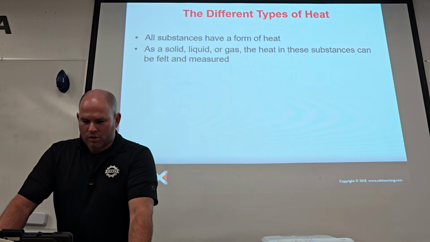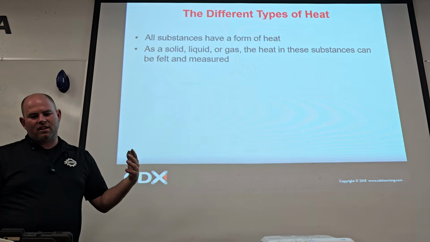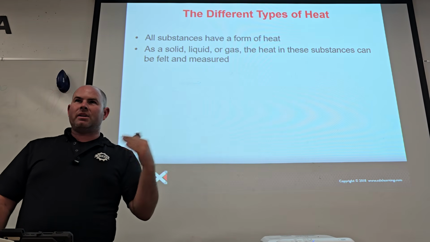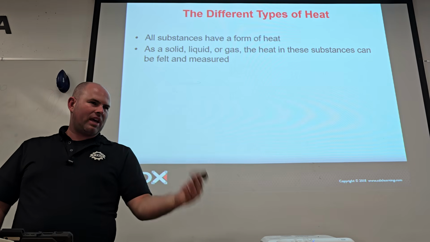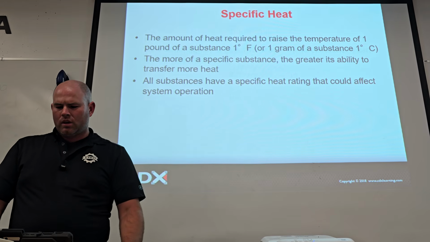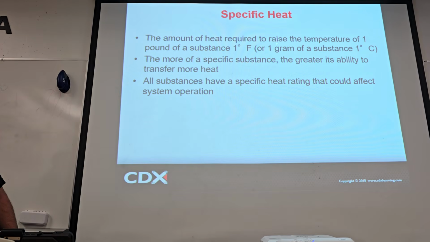Okay? So again, all the substances, they have an amount of heat. Depending on how much heat they have will determine their state. Make sense? If you want to change their state, you have to add or remove heat. Cool? And the specific heat, that's saying the amount of heat required to raise the temperature of a 1 pound substance 1 degree Fahrenheit. We'll stick with that.